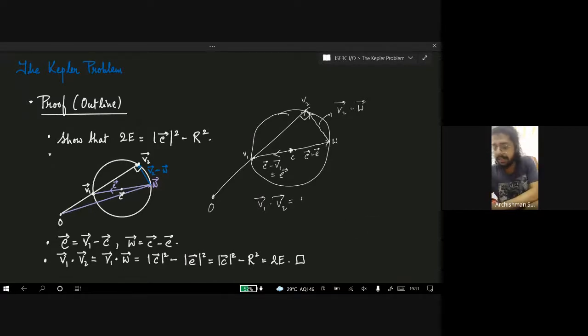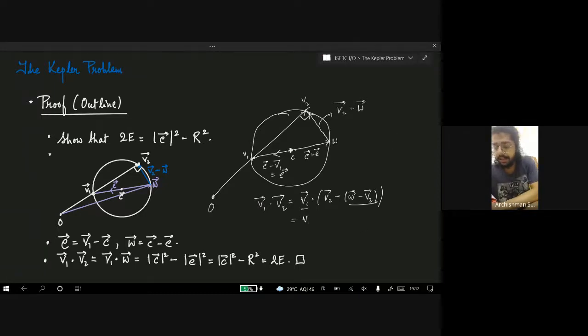And I can write this as V1 dot V2 minus W, minus V2. I can write this in this form because V1 is perpendicular to V2 minus W. So in essence, it's perpendicular to W minus V2.